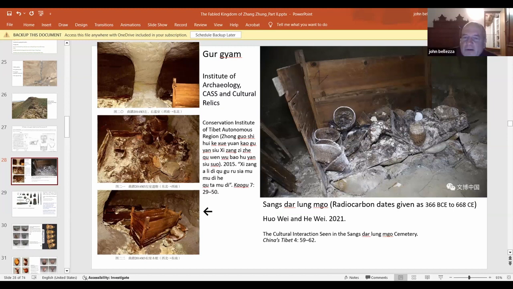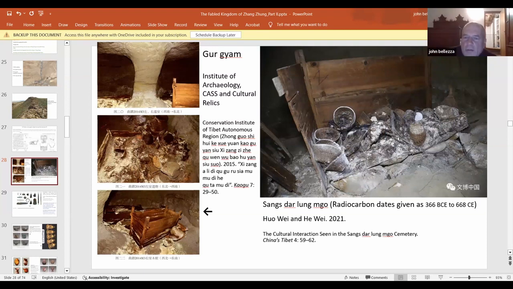I don't know how much of this was preserved, and it doesn't seem like much in some cases, particularly here in Gurjam, which was first explored by the Chinese in 2011, 2012.